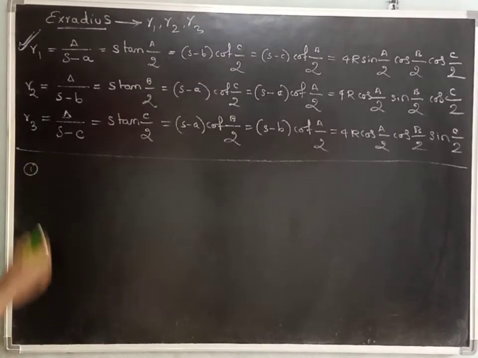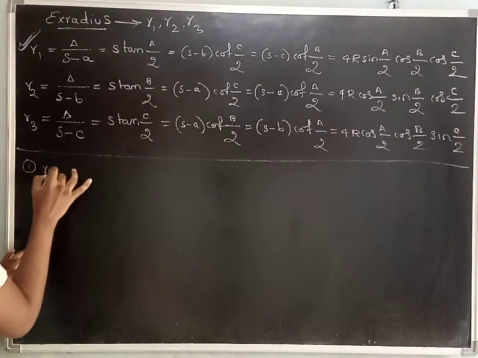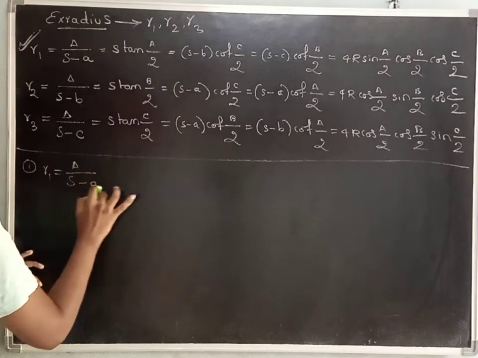First thing is r1 is equal to delta by s minus a.